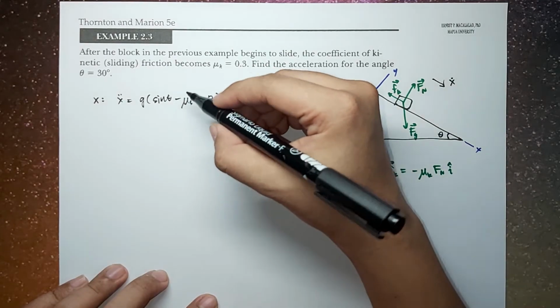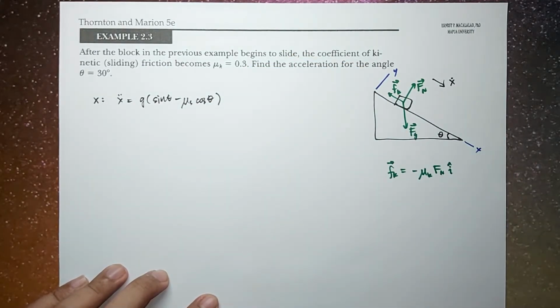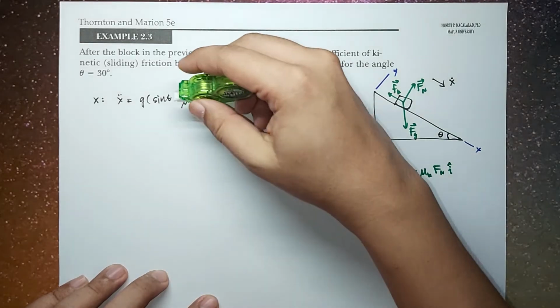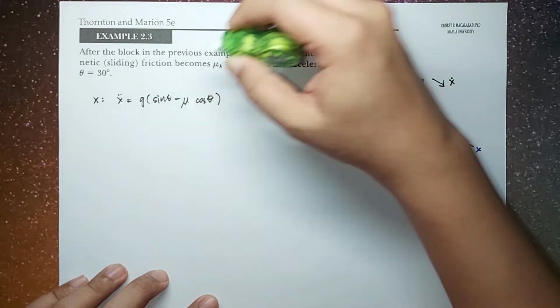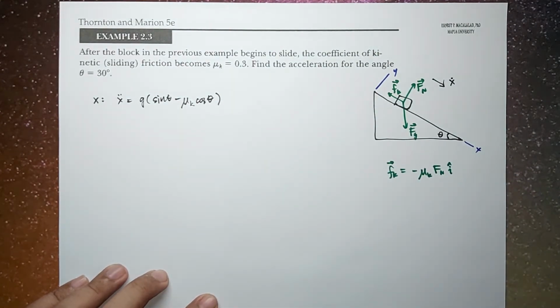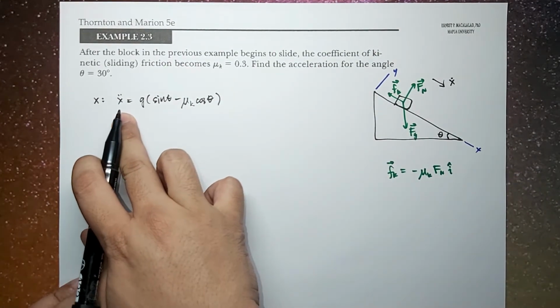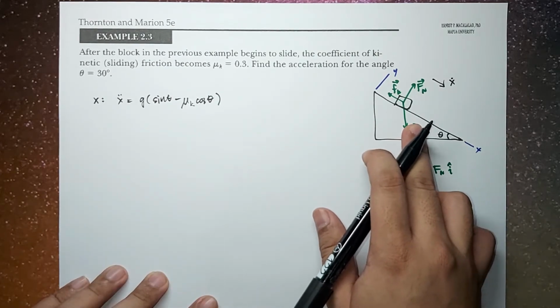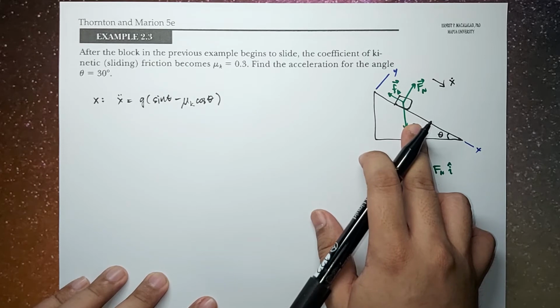In this case, the mu s component will now change to mu k because the object is now moving. That means we cannot set x double dot to be 0, because the object is already accelerating, speeding up.